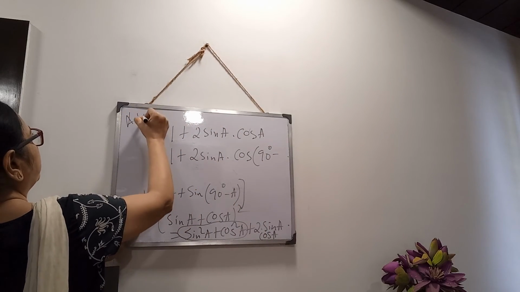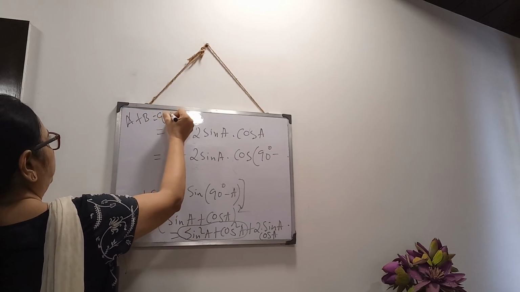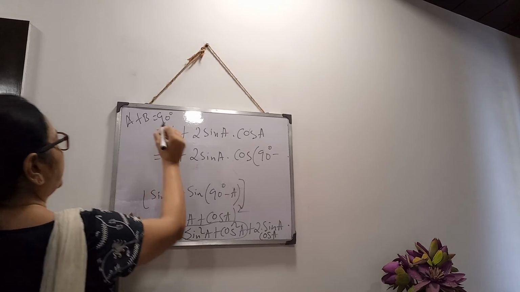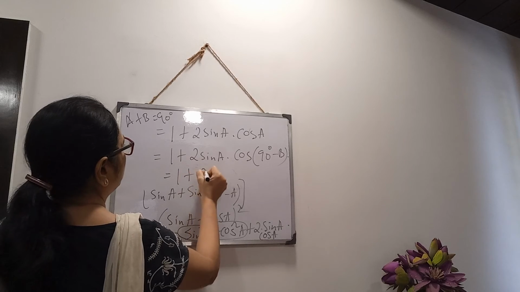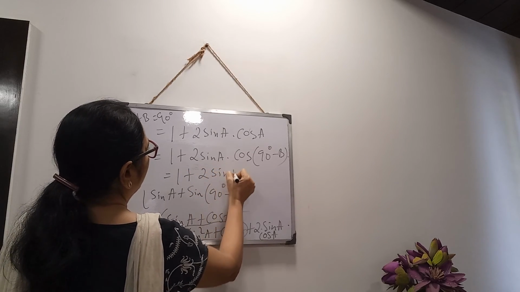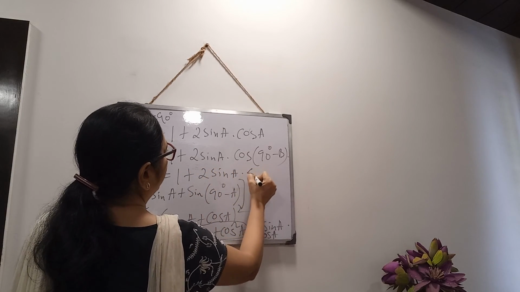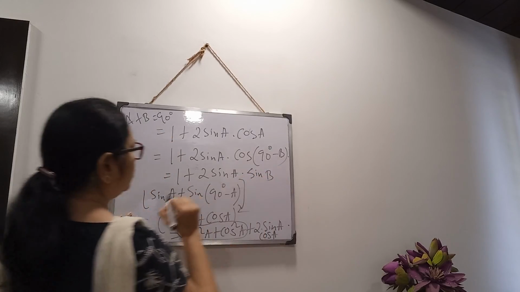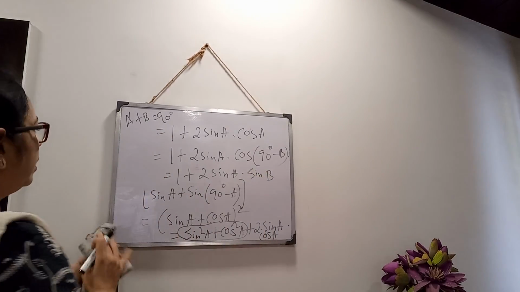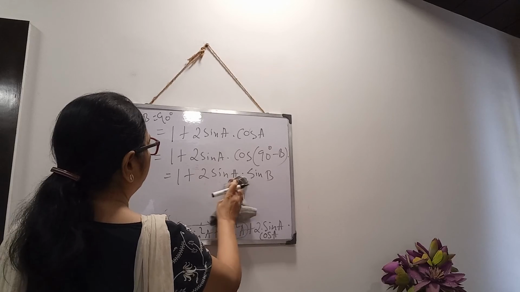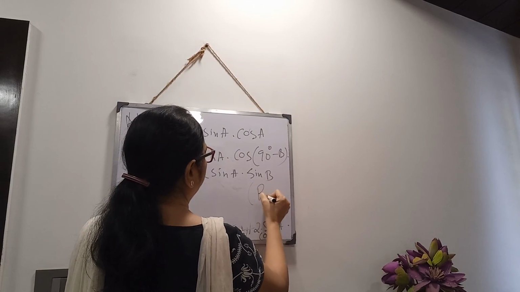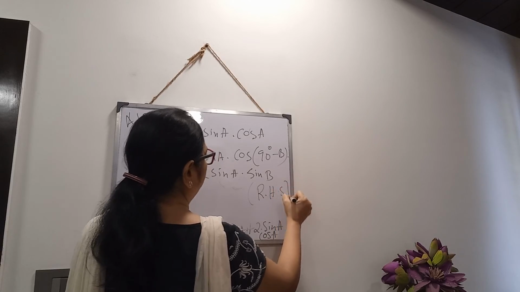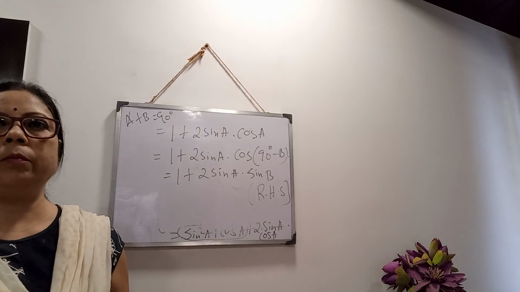As A plus B equals 90 degrees, A equals 90 minus B. Now again the formula: cos 90 minus B means sin B. So this is my right hand side. So it is proved. Clear what you have done?